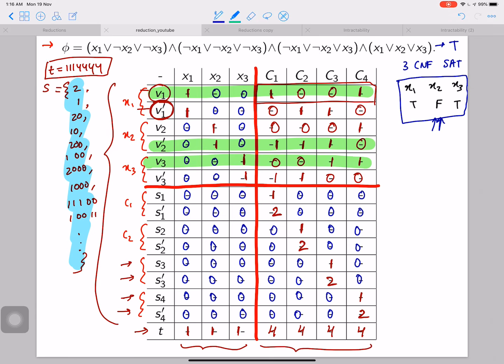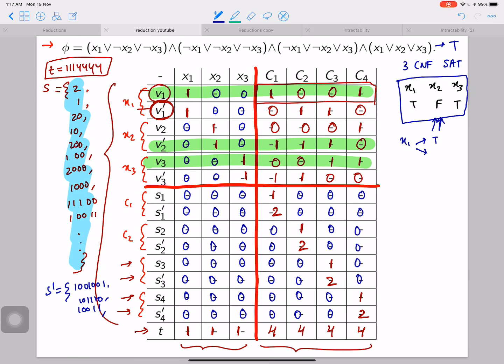So far in my subset I've selected these 3 rows, like 1 0 0 1 0 0 0 1, and then 1 0 1 1 1 0, and maybe 1 0 0 1 1.